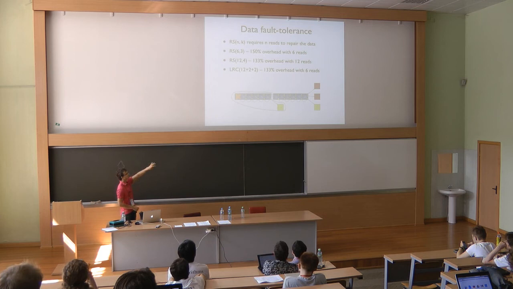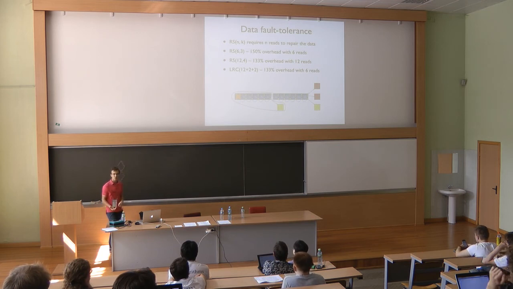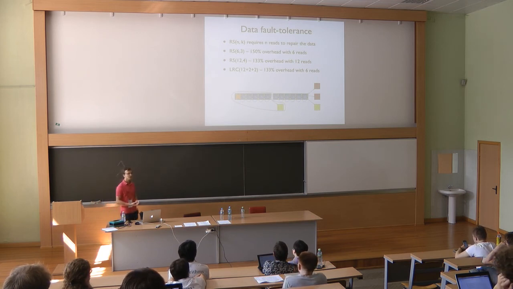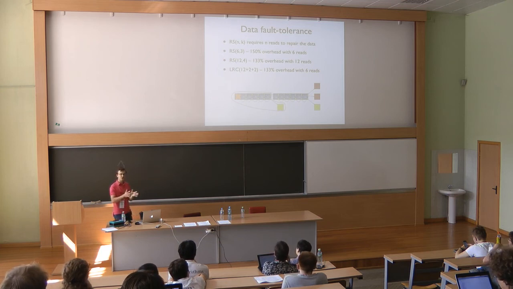The same, you can recover a single failure in the second group by doing 6 reads. If you have more than 1 failure, you have to use global replicas, but you would still be able to recover all the failures by doing 6 reads. So this just decreases the fan-out of the recovery.